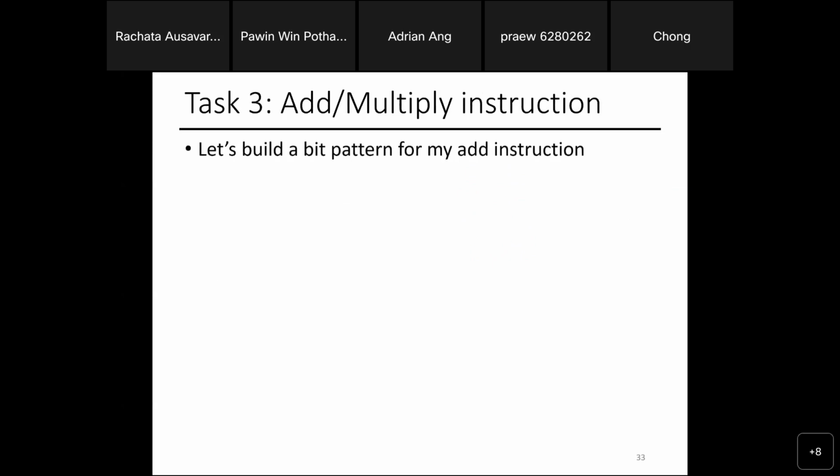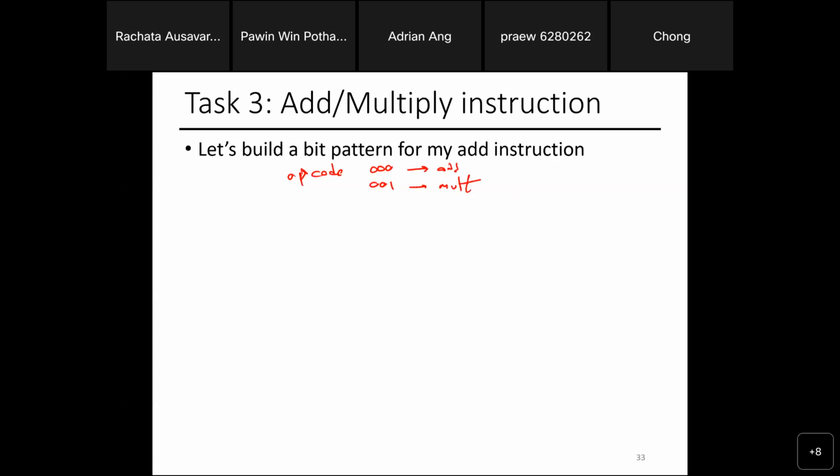So for add and multiply, let's do the bit pattern. I said already, if the opcode is 0, 0, 0, that's an add. 0, 0, 1, that's a multiply. All right, quick question. Where do you want this bit to be? It's your choice.